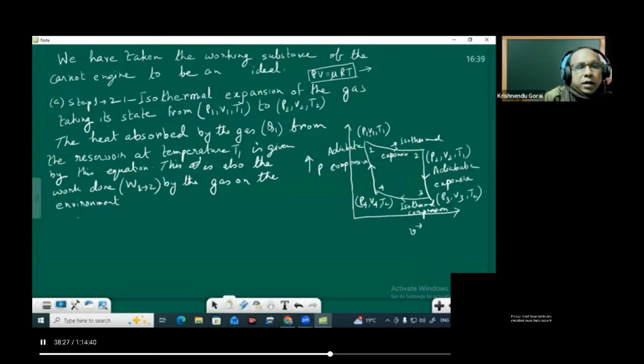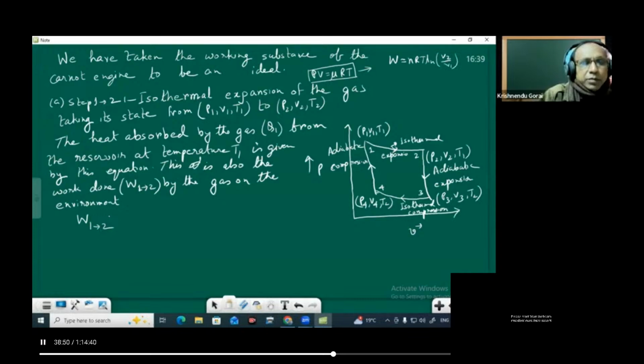So you can write W 1 to 2. 1 to 2 means from here to here. This is isothermal expansion. In isothermal, you know the formula for work done is mu R T ln V2 by V1. So put this formula here, right?